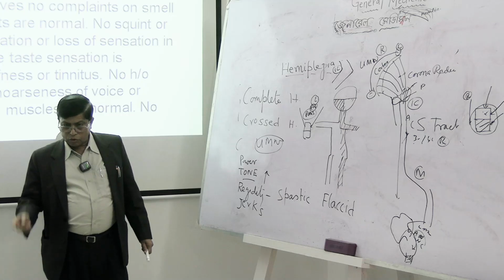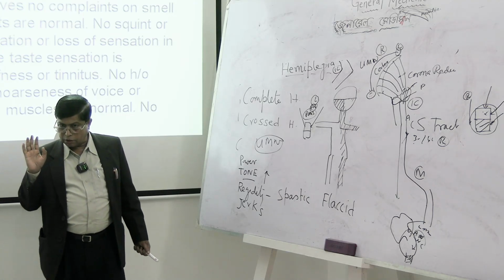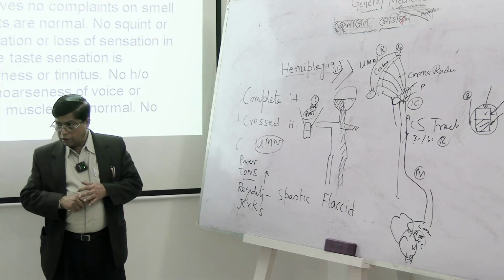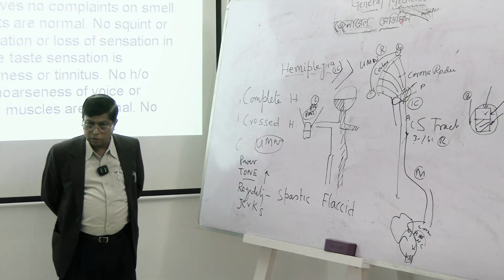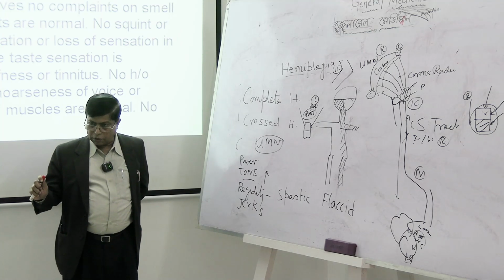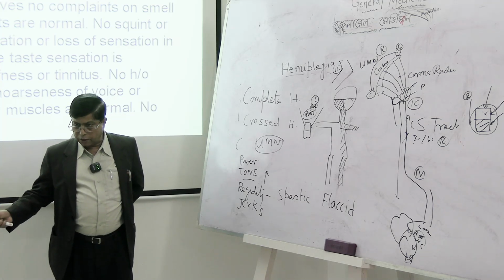paralysis. Now the jerks are increased in corticospinal tract lesions. In case of Guillain-Barré, will jerks increase or decrease? Decreased. Classically, it is decreased for all purposes. So, jerks will be decreased in Guillain-Barré syndrome because it is a flaccid paralysis.